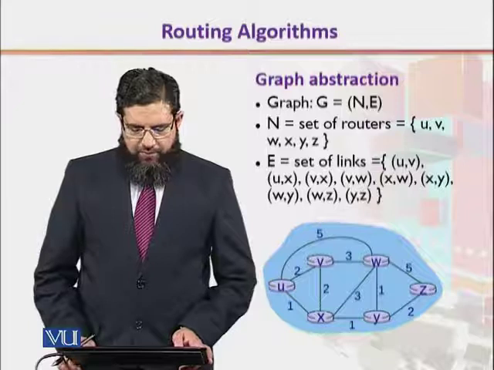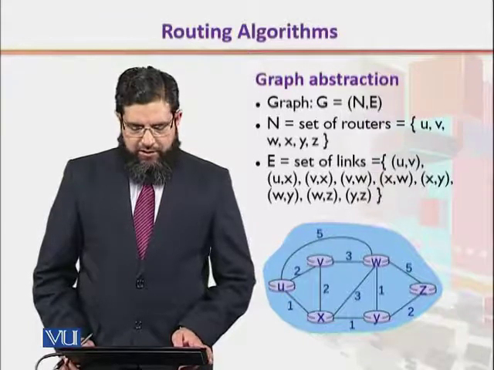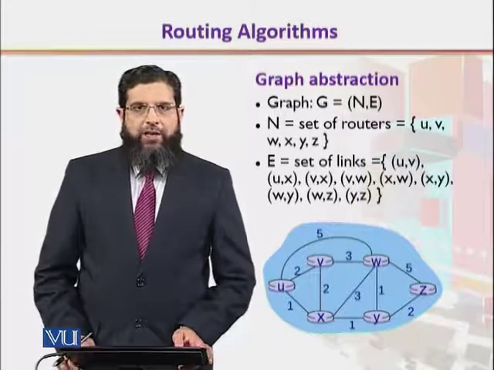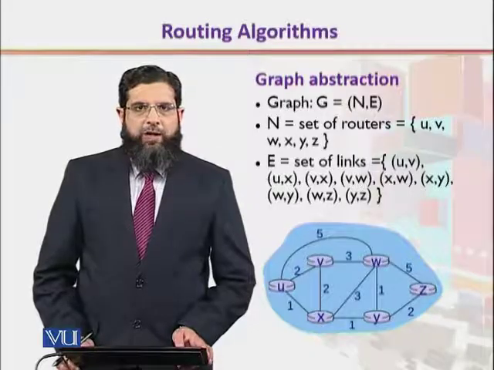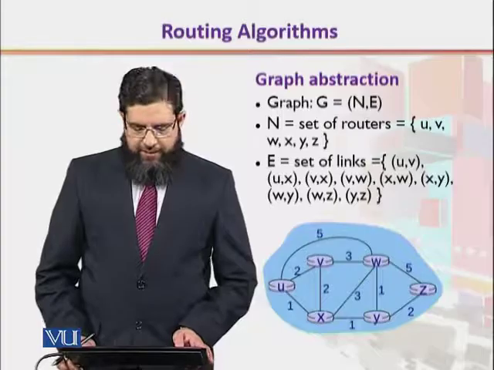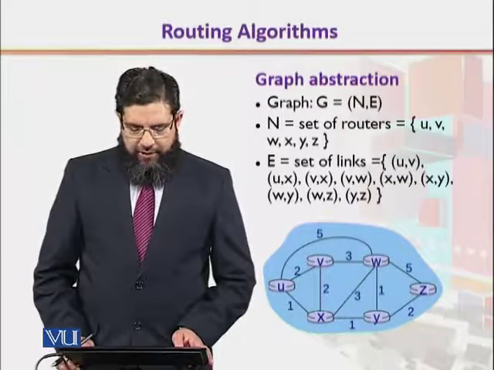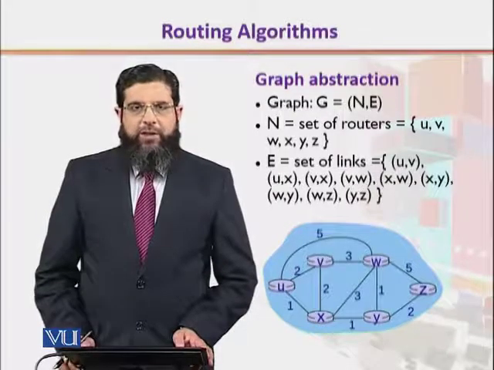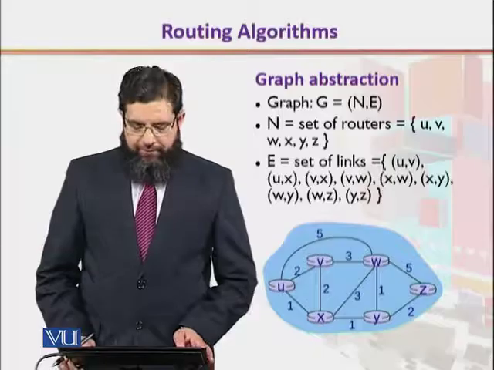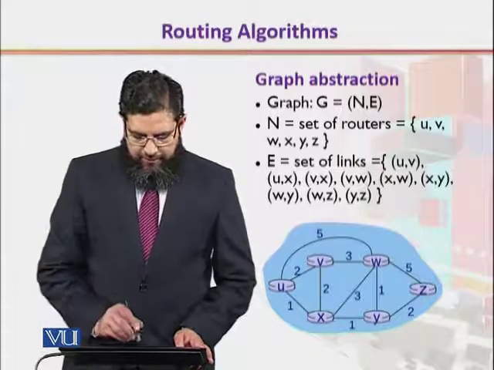We can see that the set of links are actually represented through the relationship between the two nodes which they connect. For example, the edge with the cost 5 in this figure is between node u and v, and so forth.